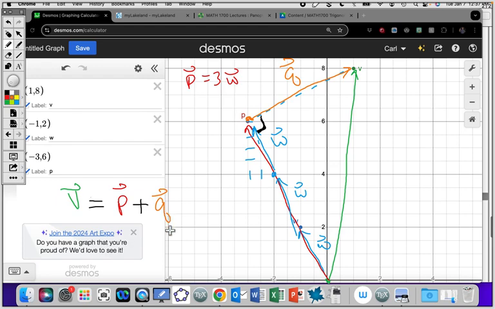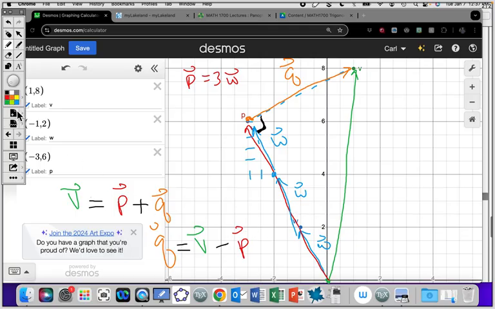In other words, Q is V minus P. All right. And if this really is the orthogonal projection, Q and W should be orthogonal.